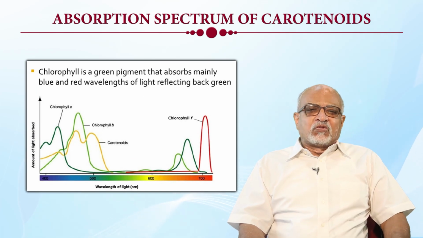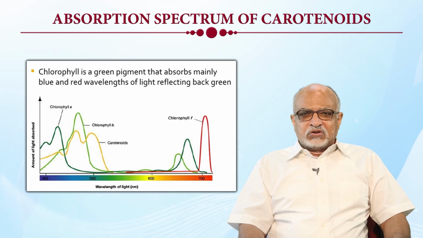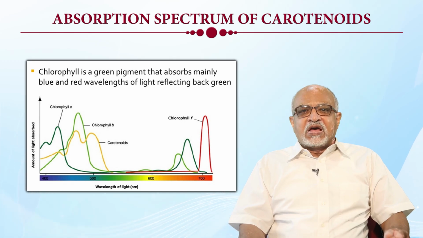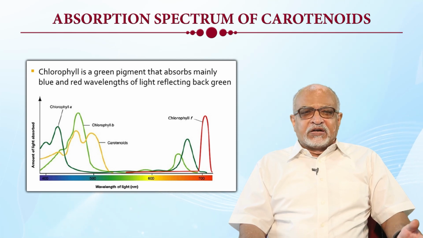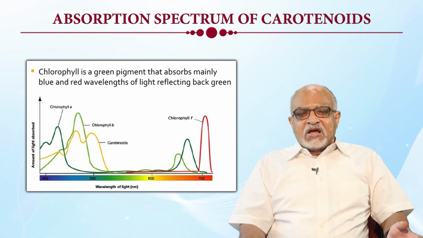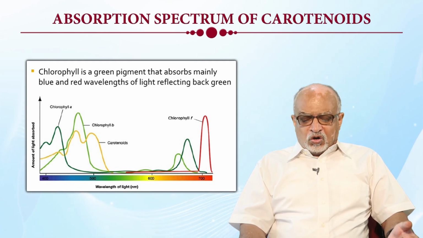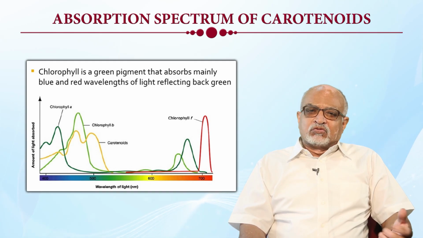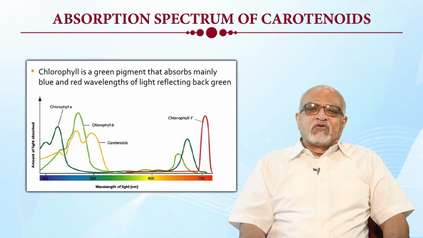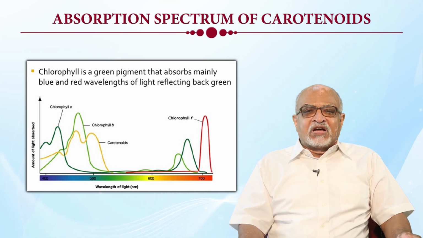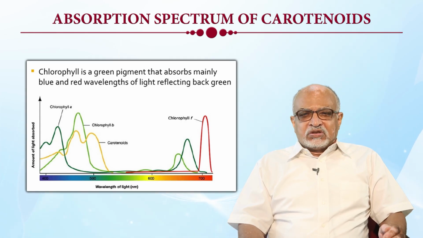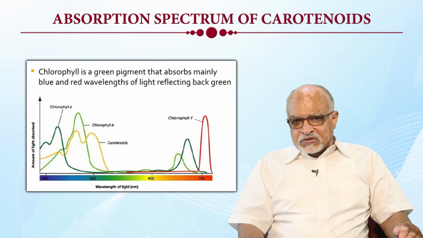So, the absorption spectrum of chlorophyll is different, because we had seen in our second lecture that it absorbs mostly blue and red wavelengths, and therefore, it reflects green. On your screens you would find that the color of the pigments is different, and the absorption of their wavelengths would be entirely different. Now, this is a very interesting ramification, because you would find that in a marine or aquatic habitat, the green algae seem to be on the surface.